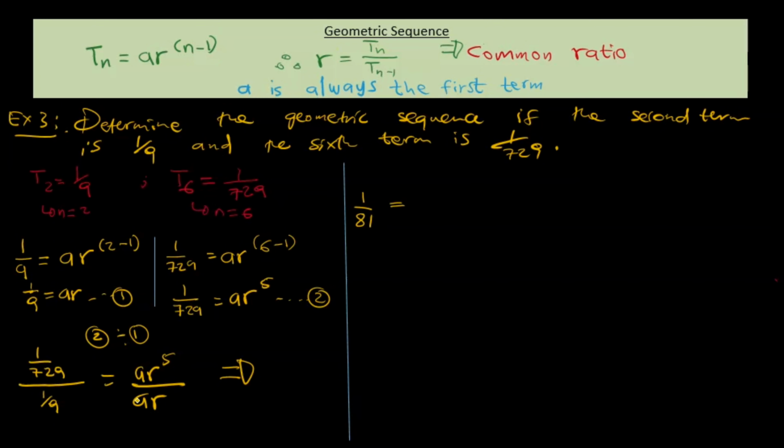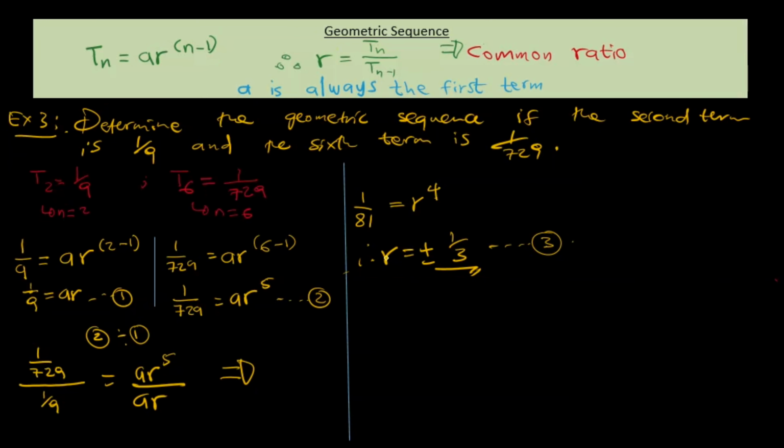A will cancel out A, therefore you'll be left with R raised to 5 minus 1, which is R to the power of 4. Taking the fourth root of both sides, R will be plus or minus 1 over 3. Meaning R is either positive 1 over 3 or negative 1 over 3. This will be your third equation.